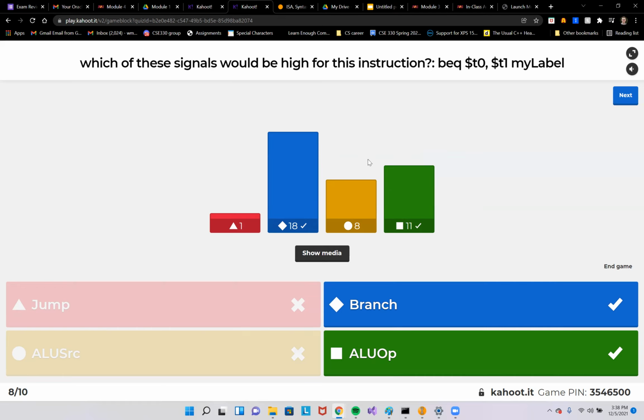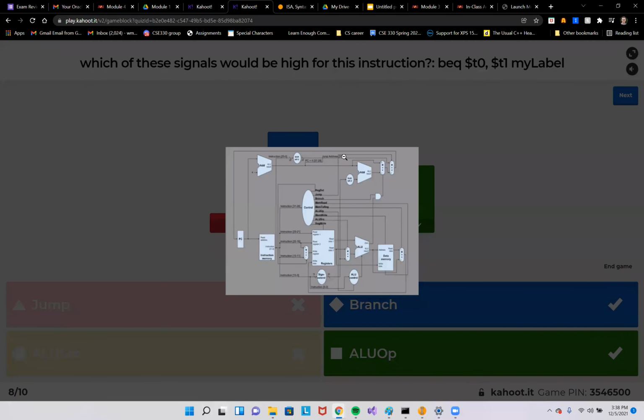Okay. Looks like most of you got that. Looks like some people were picking ALU source. In this case, the ALU source would not be high because, wait, let me check.